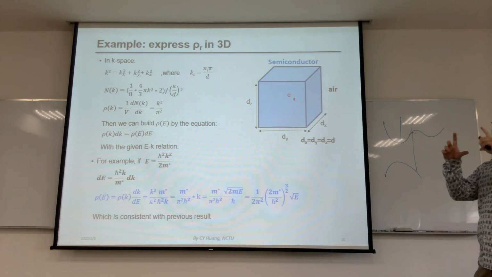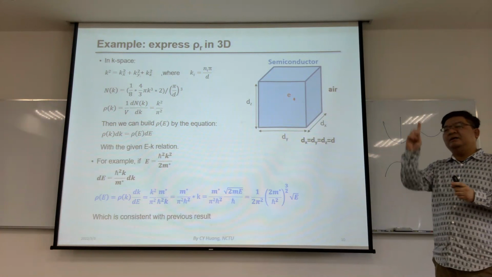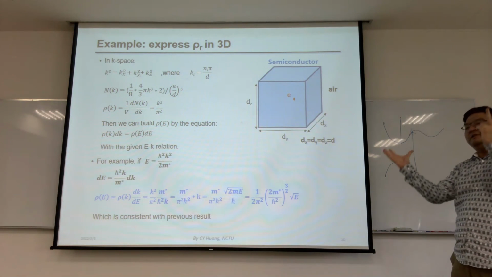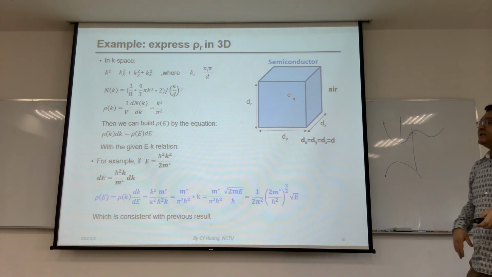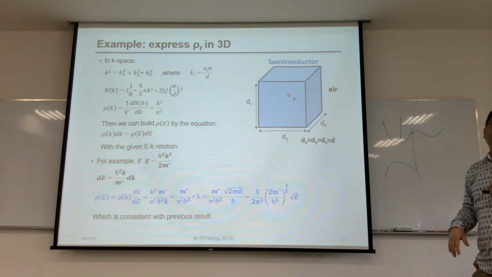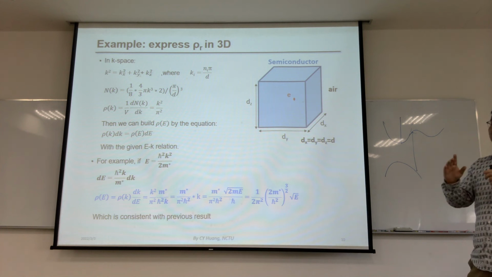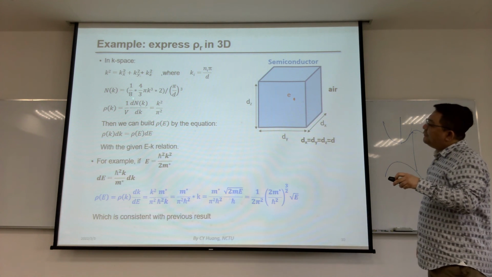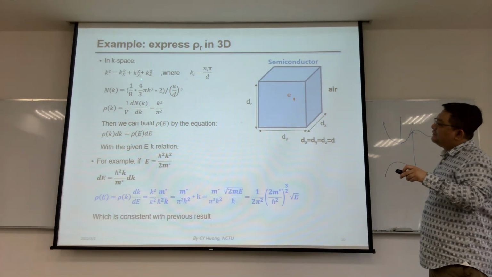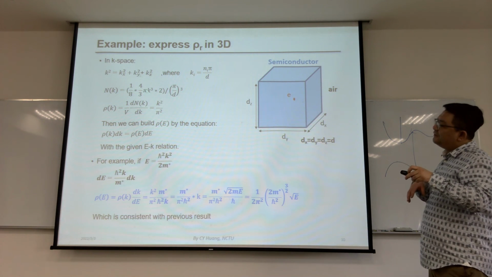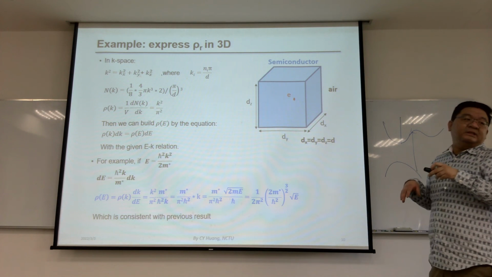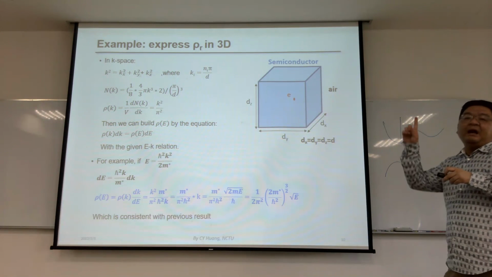You have axes as nx, ny, and nz, and you draw a sphere within that. Since n can only be positive, you can only take the first octant of the total volume. So it is one eighth of the sphere volume in k space, times 2, because one state has two spins, spin up or spin down.